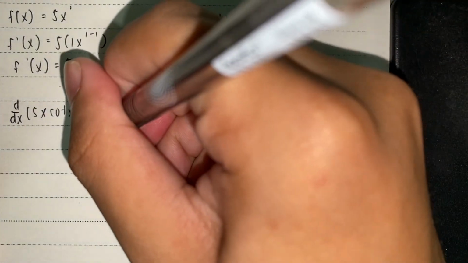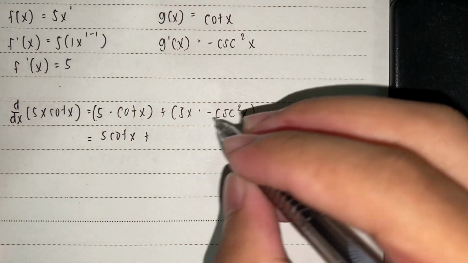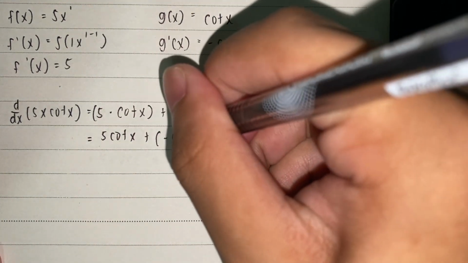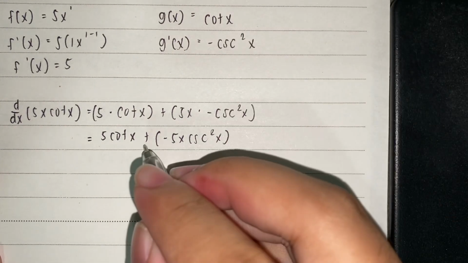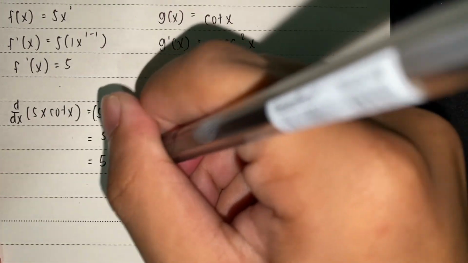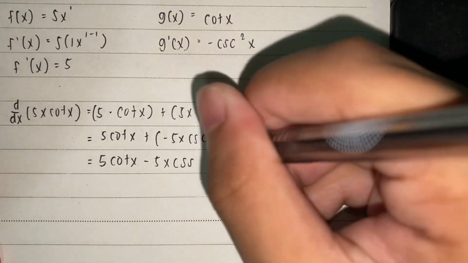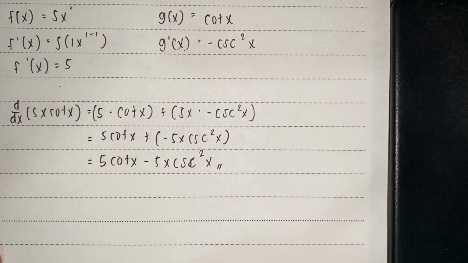Just going to 5 times cotangent x is just 5 cotangent x plus 5x times negative cosecant squared x, that is negative 5x cosecant squared x. Distribute the positive sign, that is going to leave us with 5 cotangent x minus 5x cosecant squared x. That is the final answer.